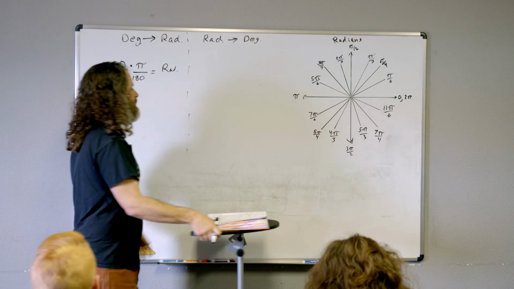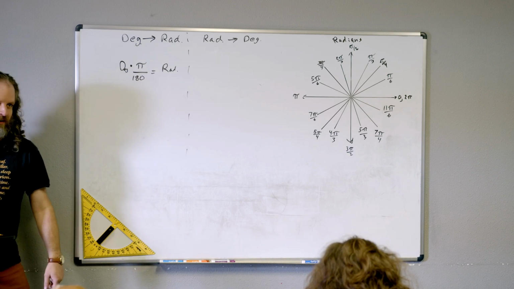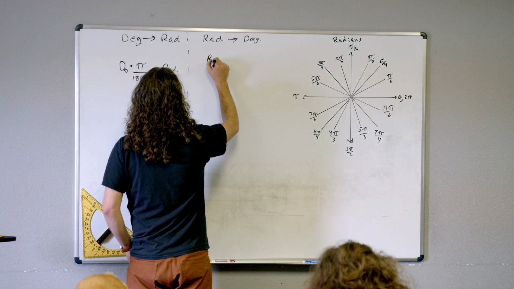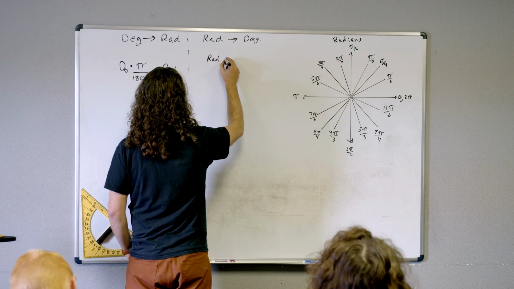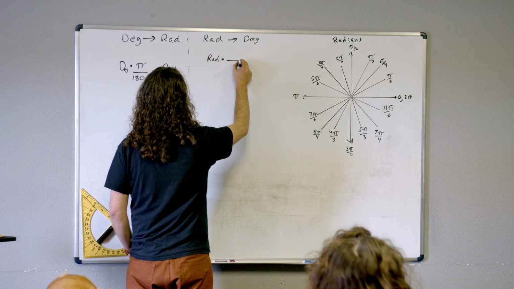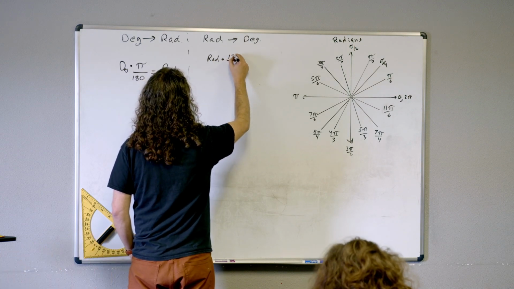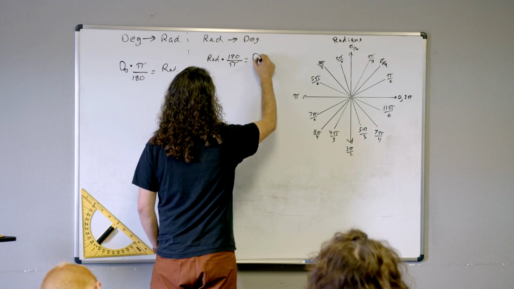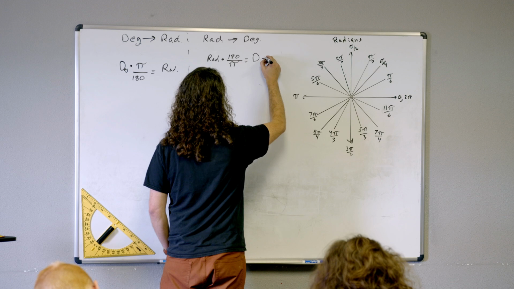So to go from radians to degrees, what are we going to have to do? Multiply times 180 over pi instead.